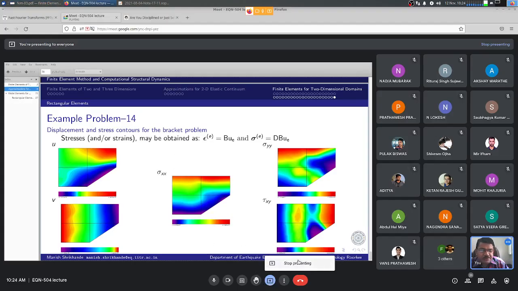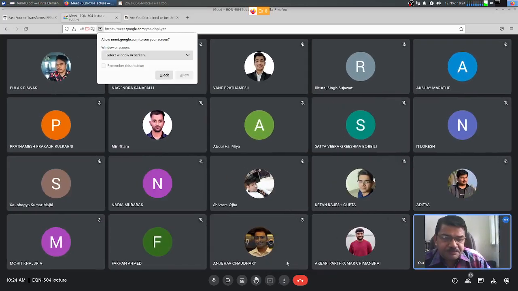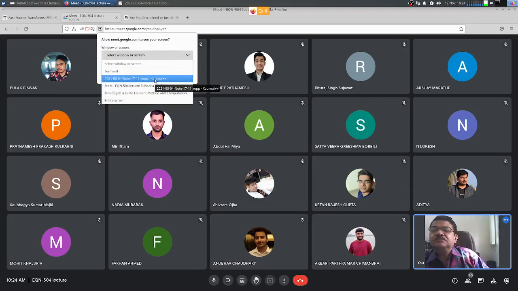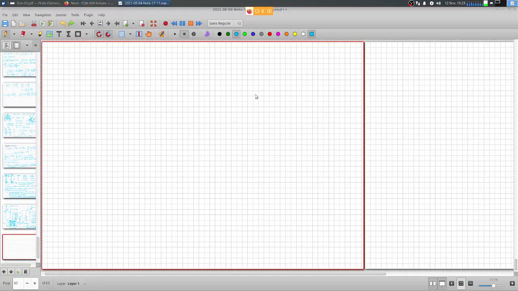So what we will do here now: the acceleration term, we have the domain integral that comes out.